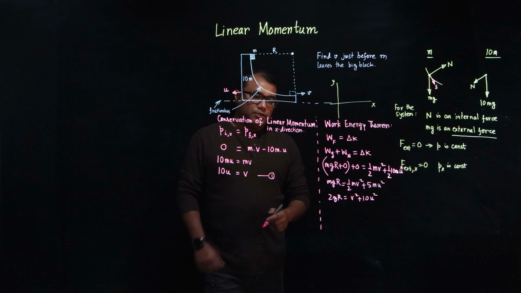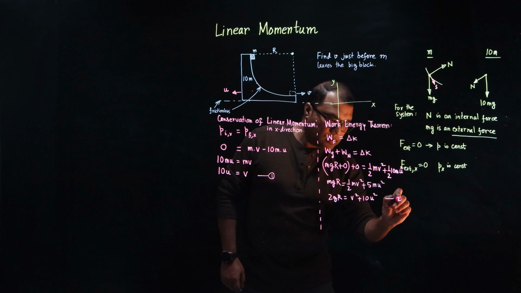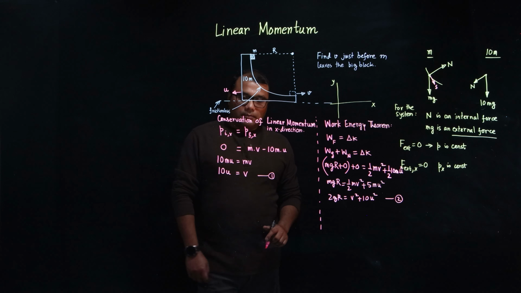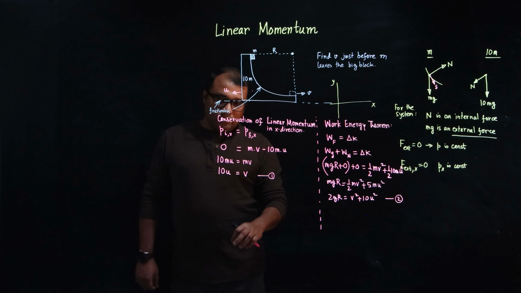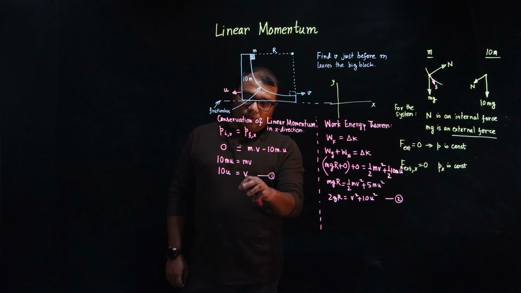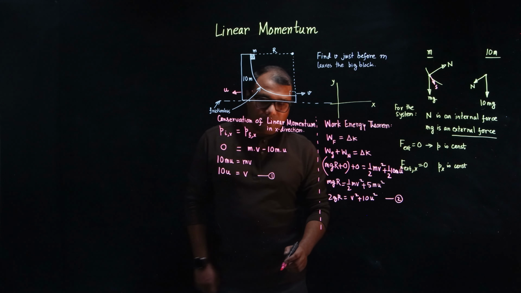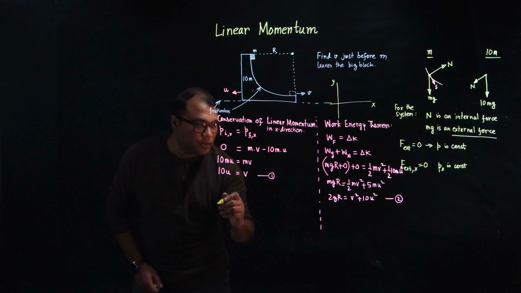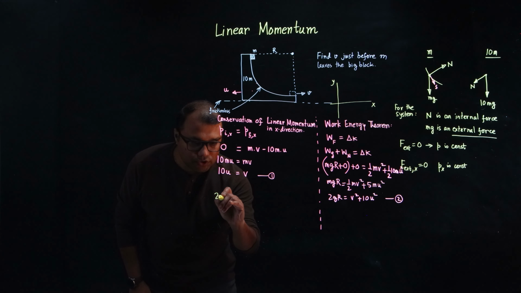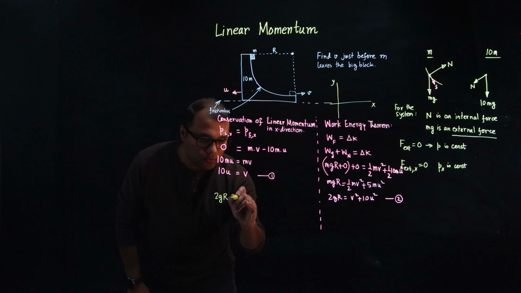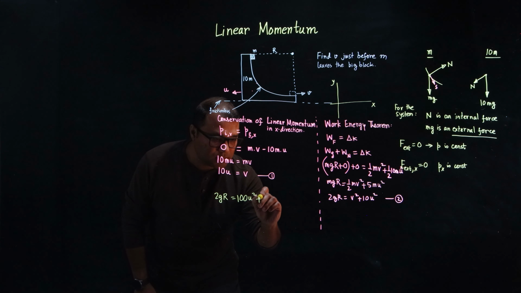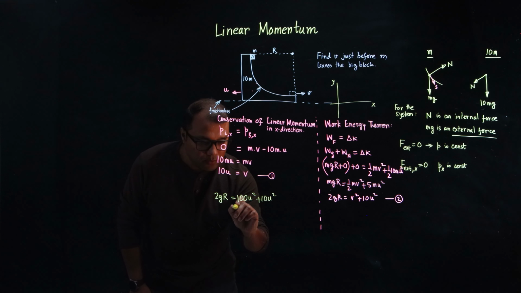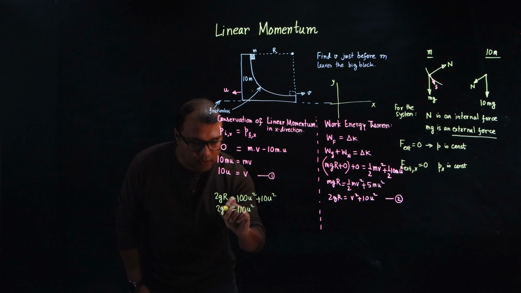Now we have two equations. We can substitute v squared in here. So maybe I'll just write it here: 2gr equals v squared, which is 100u squared, plus 10u squared, or 110u squared.